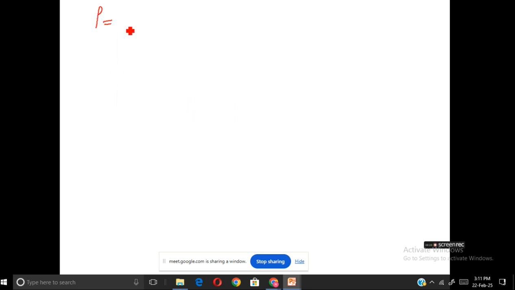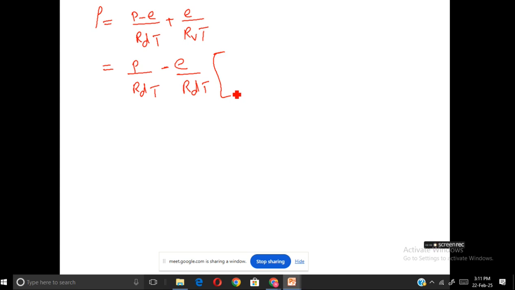rho is equal to P minus E by RdT plus E by RvT, which will become P by RdT minus E by RdT into 1 minus Rd by Rv.